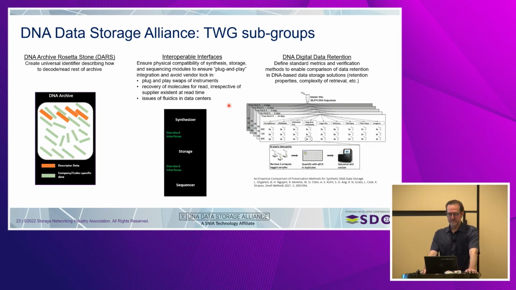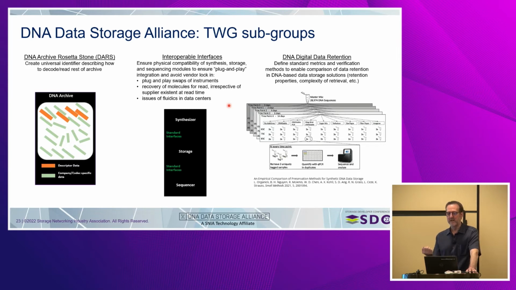There's another group called interoperable interfaces. It's taking a little while to get going, but the purpose of this is to ensure physical compatibility of synthesis and storage. It's about the mechanics of doing DNA storage, so that you can end up with plug and play swaps of instruments, or recovery of molecules for read.